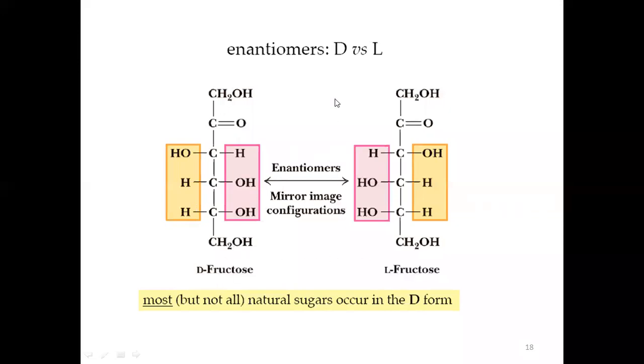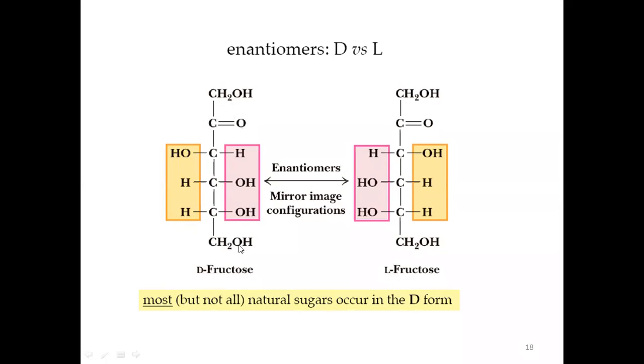So when you get the mirror image, if the first structure has a D configuration like this one, then the mirror image will have an L configuration. Again, we use the capital D and capital L for the configuration of sugars, because the reference is the OH farthest from the C double bond O functional group.